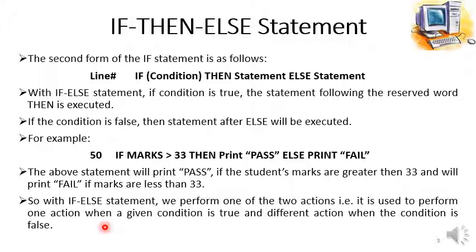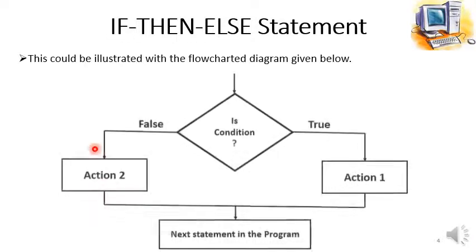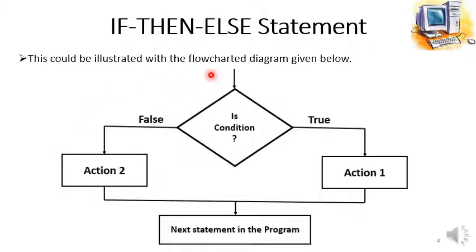So, with the if-else statement, we perform one of two actions. That is, it is used to perform one action when a given condition is true and a different action when the condition is false. This could be illustrated with the flowchart diagram given below.